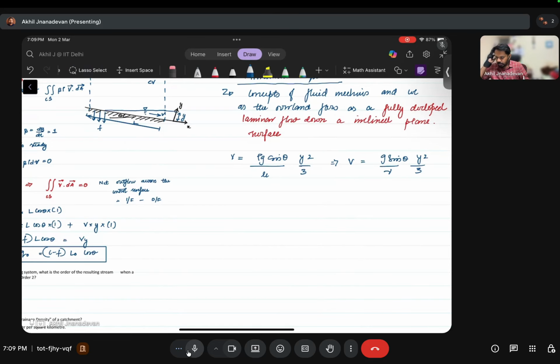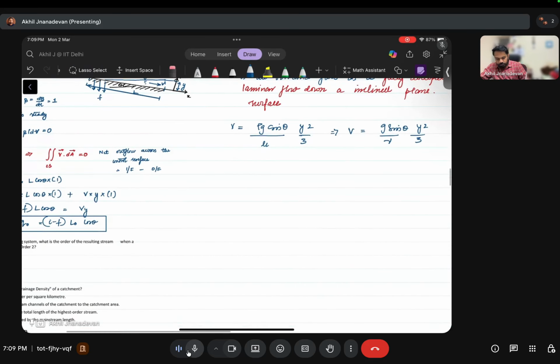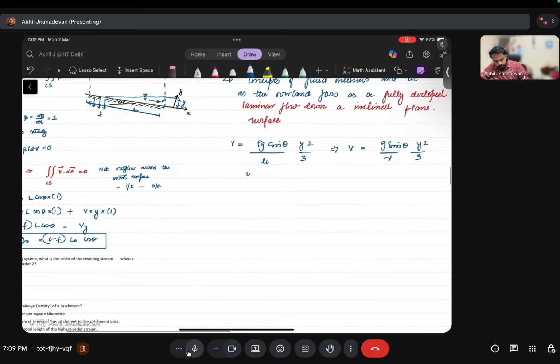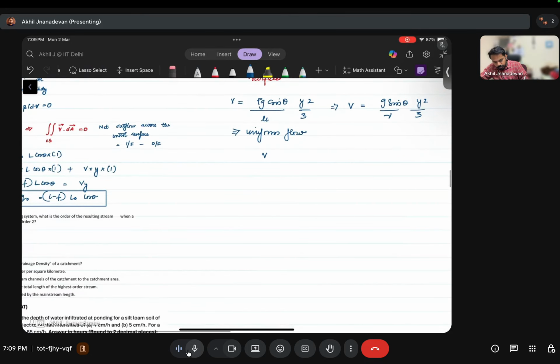And for uniform flow, another assumption is that the flow is uniform, that is, the flow depth is not changing spatially, so velocity will be given by g S naught y squared by 3 nu.